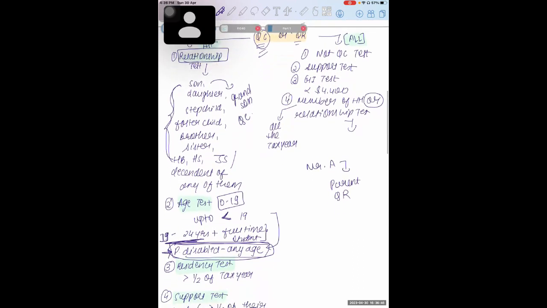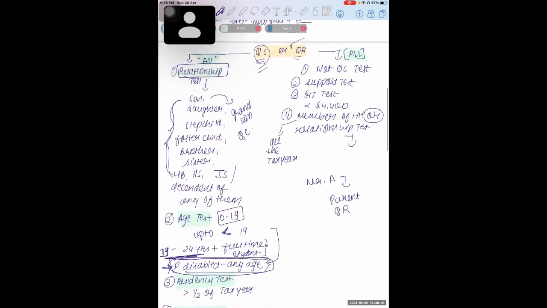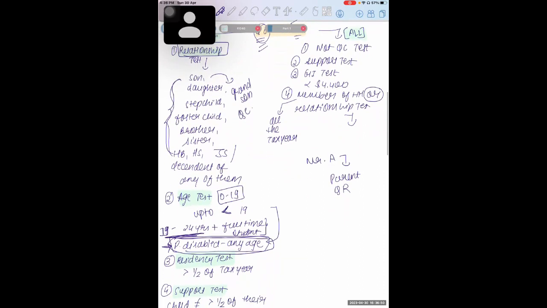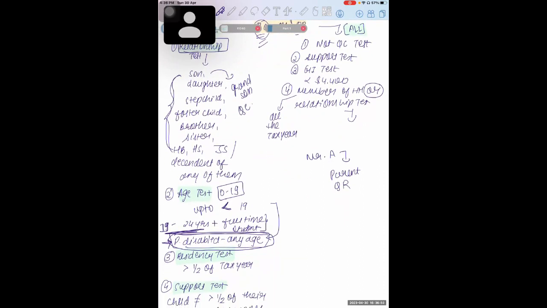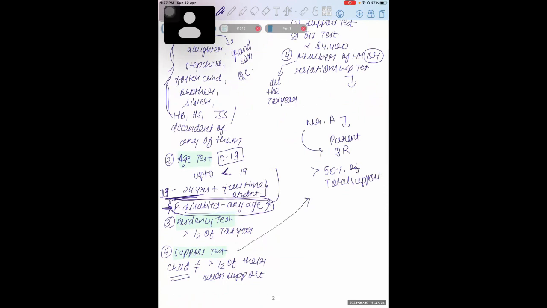Now the parent is being claimed as a qualifying relative on Mr. A's tax return. So what should Mr. A do? Mr. A must provide more than 50% of total support. Just like the support test we saw over here, but here it is the opposite. There, it was negative: the child should not provide their own support.